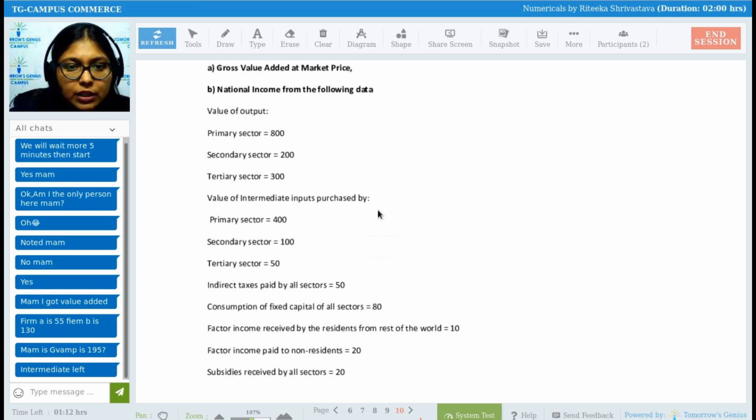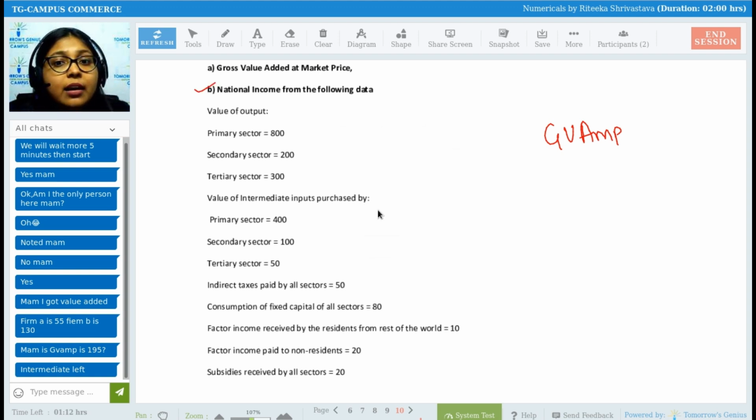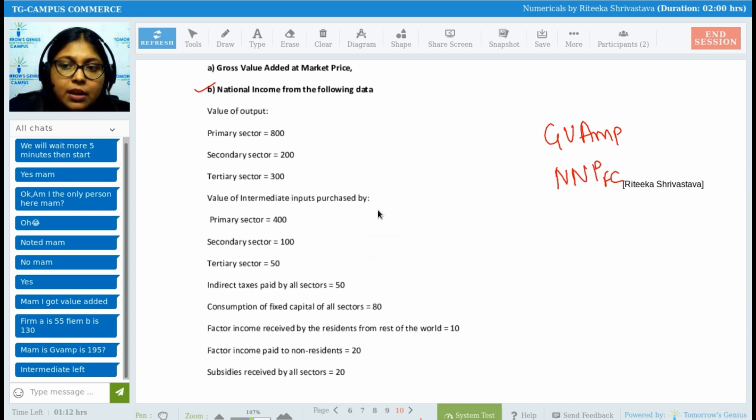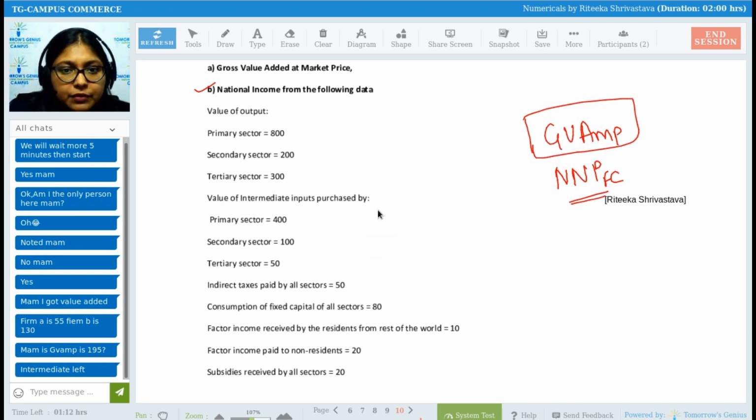Two parts of the question are there: the A part is GVAMP, and the B part is saying you have to find out national income. How can you find out national income? With the aggregate. So what is the aggregate? NNP at FC. So first you will find out GVAMP, then you will find out NNPFC.